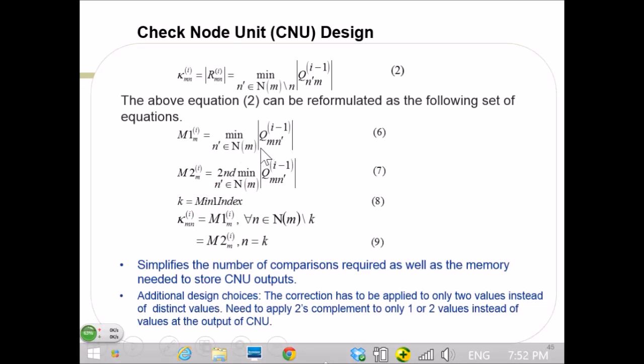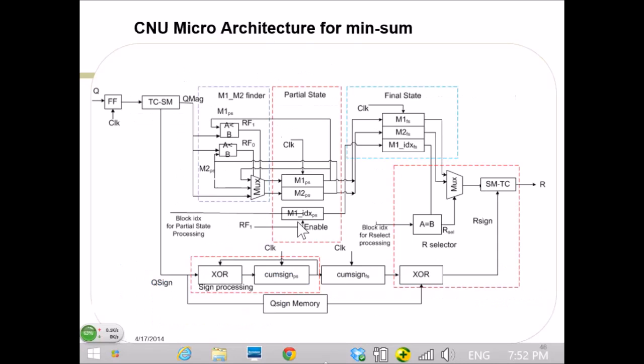This is a transformation. Previously the equation took the minimum among all the incoming values other than its own value, but now we take the minimum one among all these values and the minimum two among all these values, and then assign those values depending on the index. So this is essentially a value reuse concept.